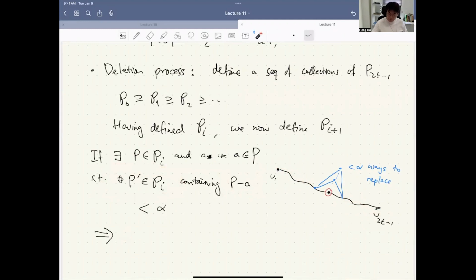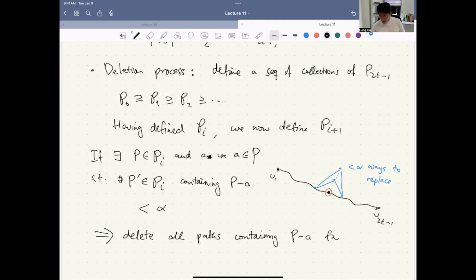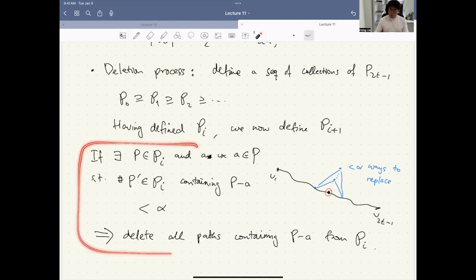Delete all paths containing P minus A from P_i. Keep doing this. Whenever you have such a bad path, remove it until, oh, sorry.